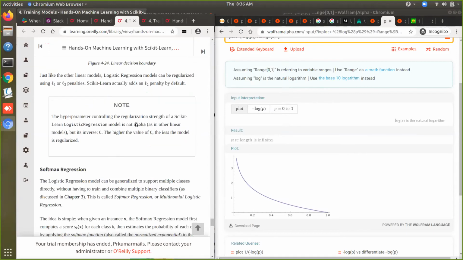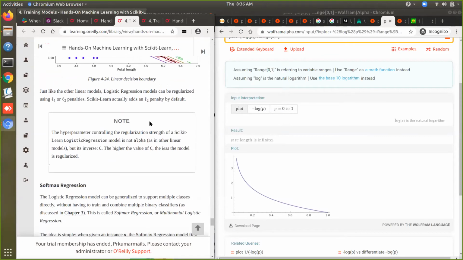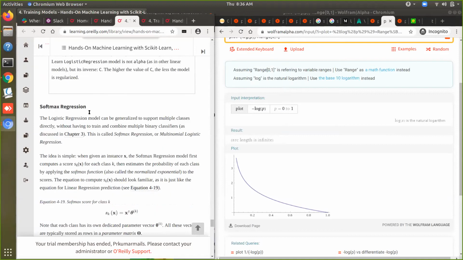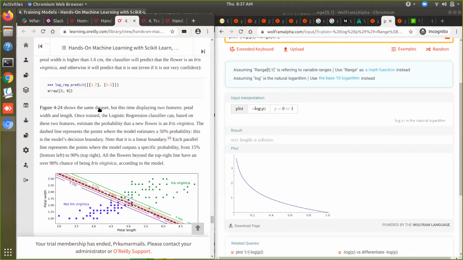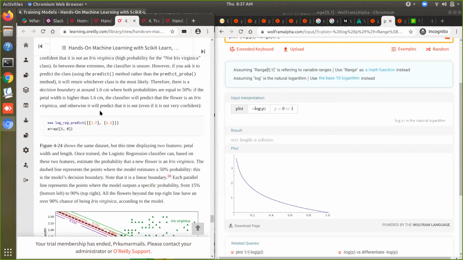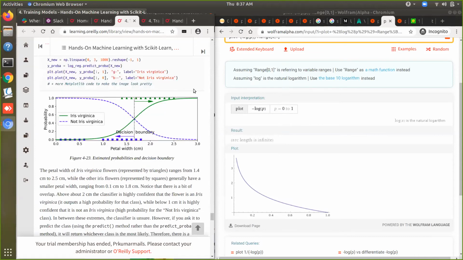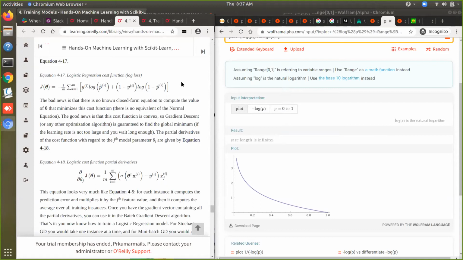Next, as we did with linear regression, we can add penalties. So L1 and L2 regularization can be added here also. If we add them, in our cost function we will have some extra terms.